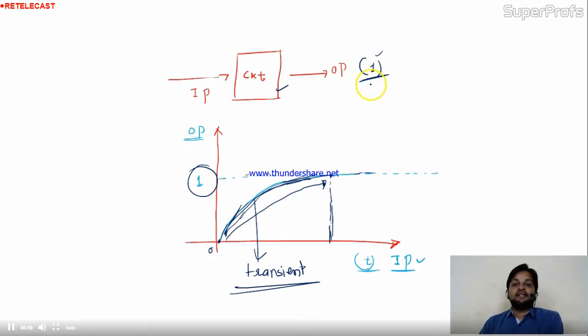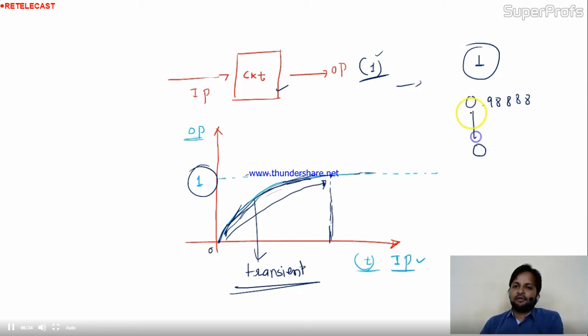But we are not getting it suddenly. It means we apply the input and don't suddenly get 1. It takes some time, right? Nanoseconds or so. That analysis in between is nothing but the transient analysis. So for this example, if 1 is our output, then from 0 up to 0.98 here, the behavior of the system is transient behavior.